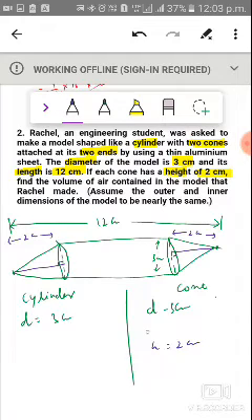Okay, so already we have given the diameter, so radius we can write that is 3 by 2 centimeter, and the radius of cylinder is also 3 by 2 centimeter, and height of the cone is given 2 centimeter. So now because we are having height of the cones, so we can find the height of the cylinder.